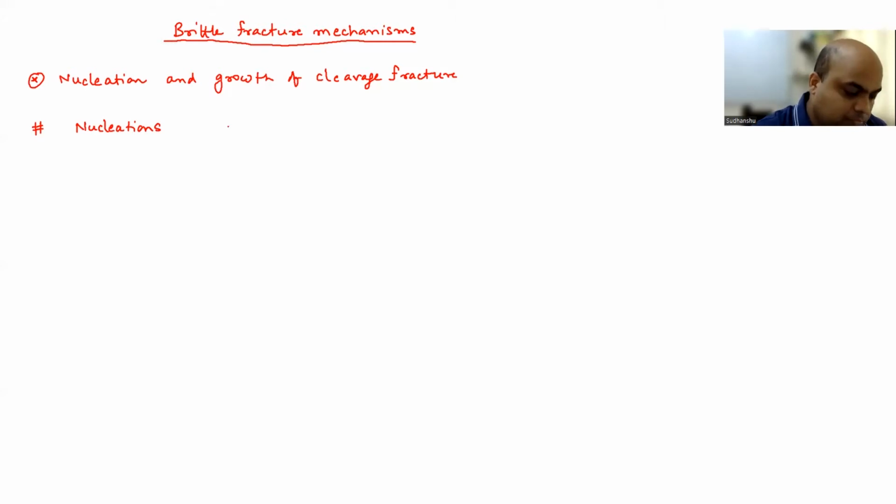Okay. So nucleation. Two things can happen. You can have a pre-existing crack, and then from there you are going to have a growth of cleavage crack. Or second, you have to nucleate the crack.